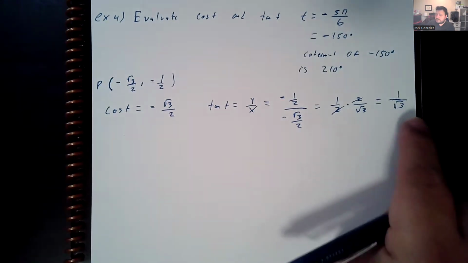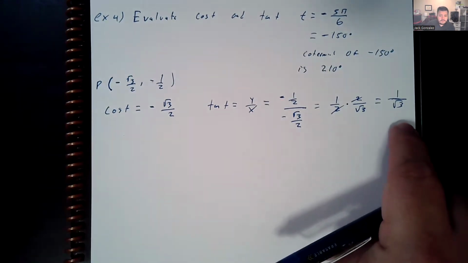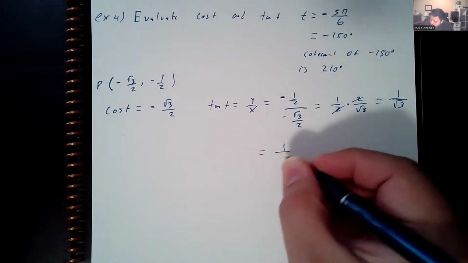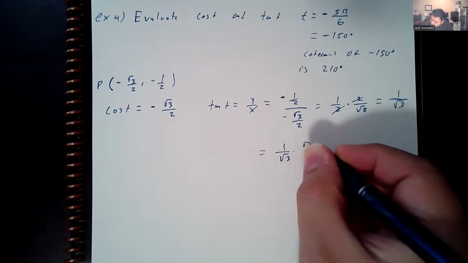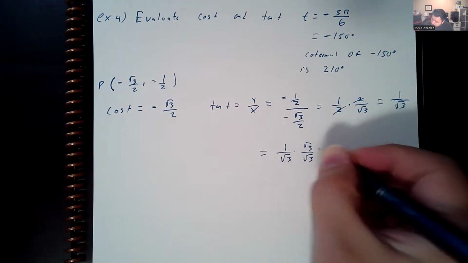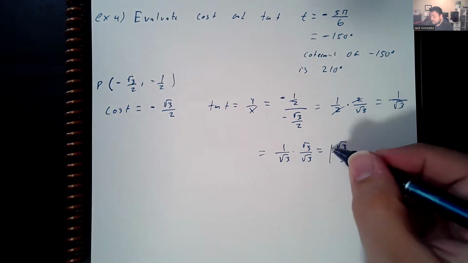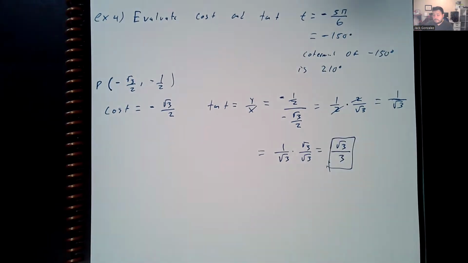Now, we don't like roots on the bottom. Remember in college algebra, we said we need to rationalize. So you take this and multiply by root 3 on top and bottom.